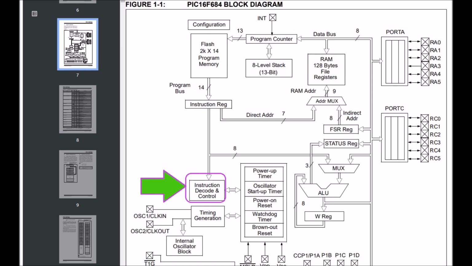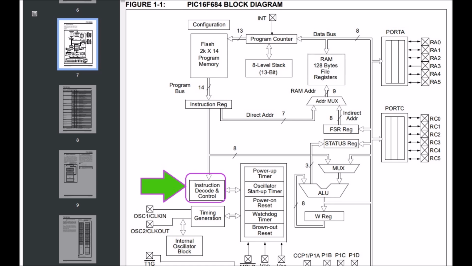So what is instruction, decode, and control? Instruction decode: the process of converting the binary encoded instructions fetched from program memory into signals that control other parts of the microcontroller. Each instruction in the program memory is represented by a unique binary code.